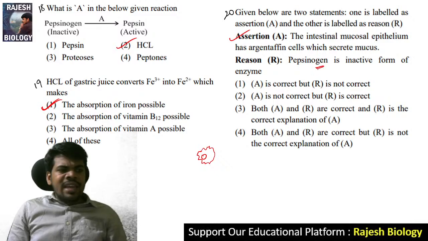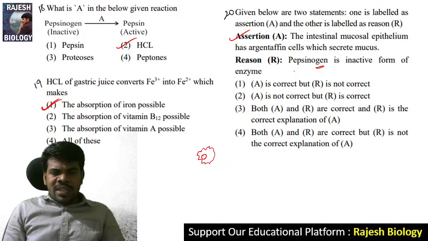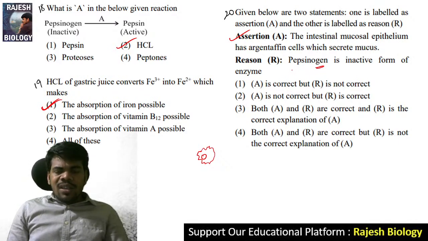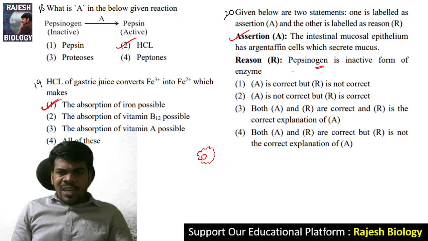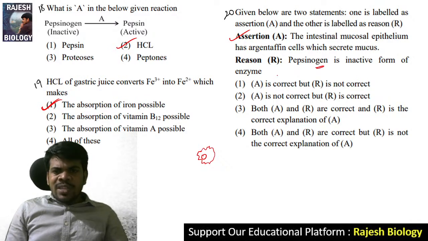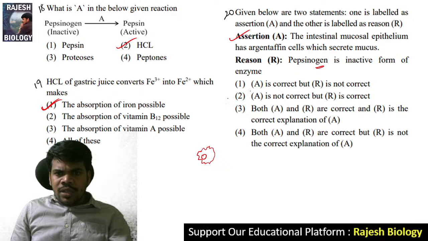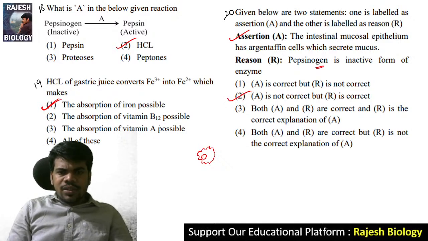Pepsinogen, any enzyme ending with -gen or starting with pro is inactive. Pro-carboxypeptidase, pro-renin, all inactive. Pepsinogen inactive, trypsinogen inactive. Trypsin, pepsin, renin, carboxypeptidase are active. So the right answer is A is not correct, but R is correct. So superb.